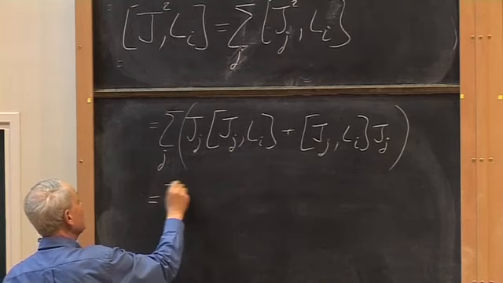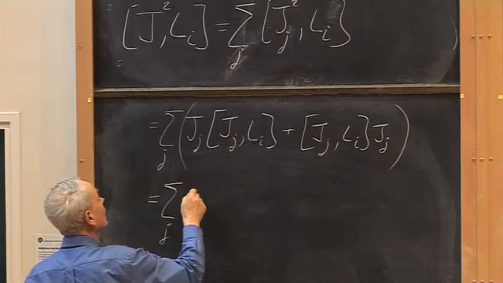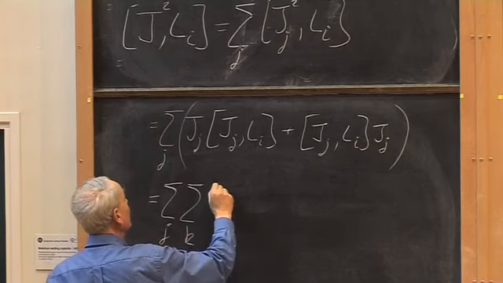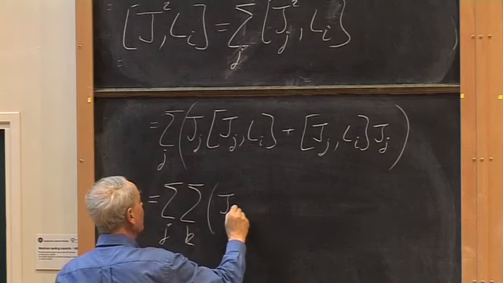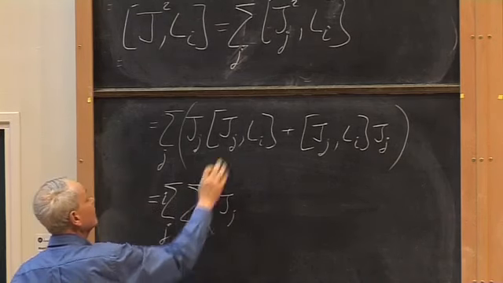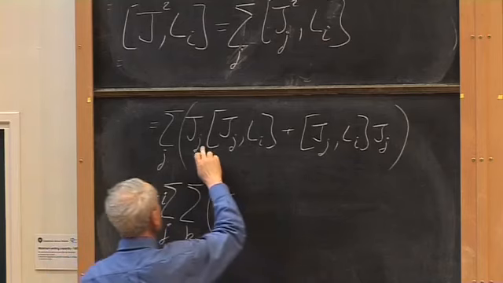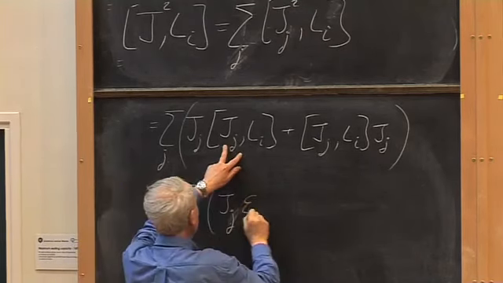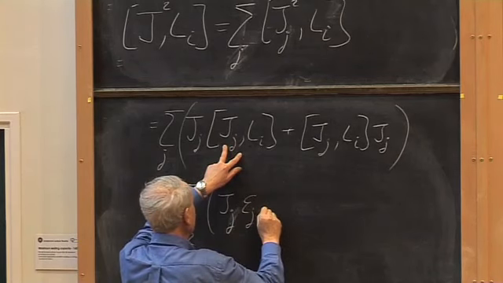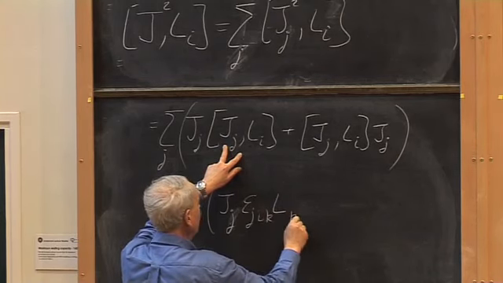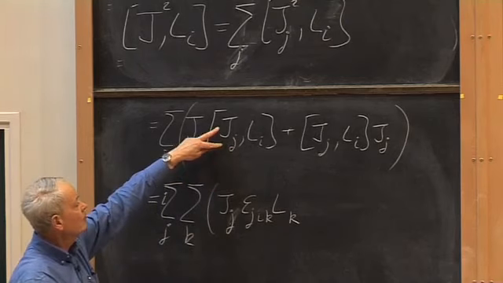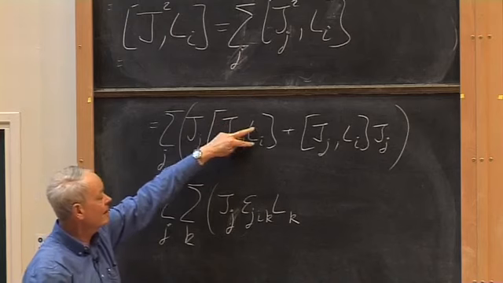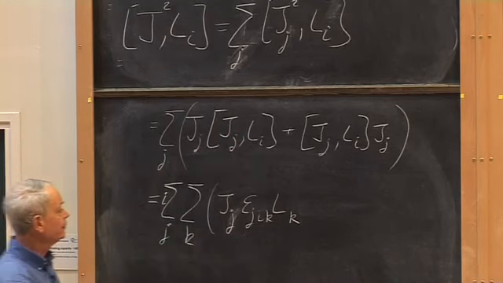So this is going to be a sum over j, and then there is going to be a sum over k coming up, of Jj. There will be an i from the commutator. So Jj, that's this one here. Make sure that's clear. This is going to be epsilon jik Lk. So that's the fundamental rule we established, that the commutator of this with any vector gave you the third component.